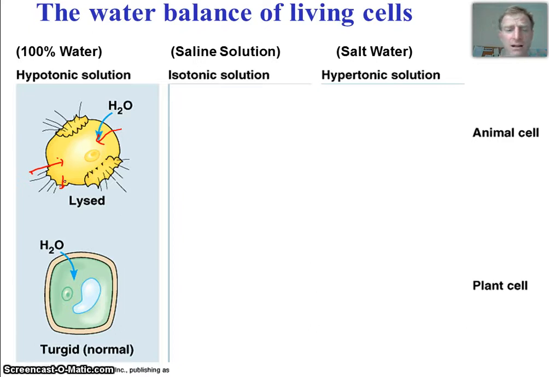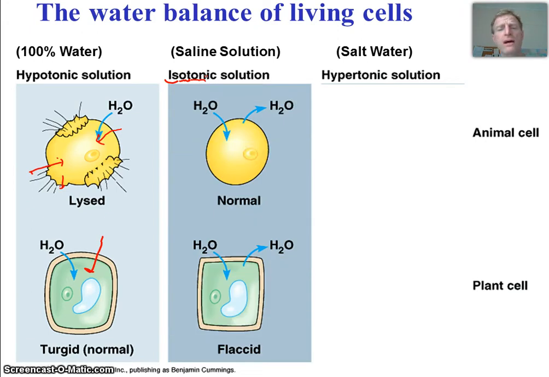If it's a plant cell, water will flow in, but because the cell membrane hits that cell wall, the cell wall will eventually increase in pressure and create what's called turgor pressure, and the cell will not rupture, but it will fill up and be what's called turgid, meaning it's got high pressure. Our kidneys help maintain our body in what's called an isotonic solution. Iso means the same, and tonic refers to solution.